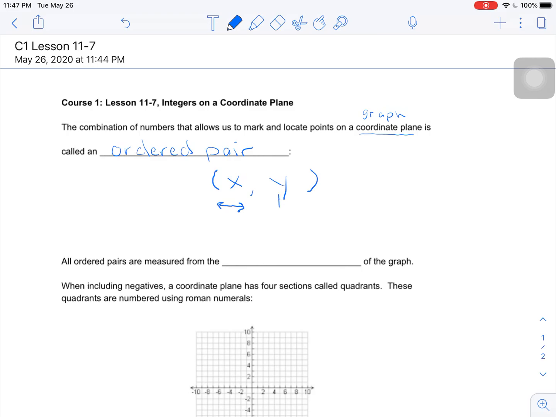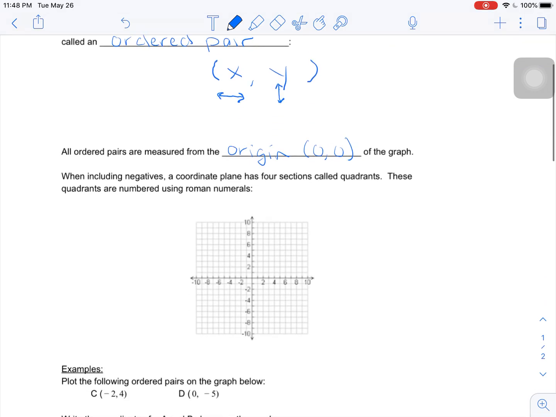And the second number, the y coordinate, tells you how far you're moving up or down because that's the direction the y-axis runs. And when we're working with ordered pairs, all ordered pairs are always measured from the origin, which is the middle, or 0, 0 on the graph. So when you're measuring left, right, up, down, you're always measuring from 0, 0.